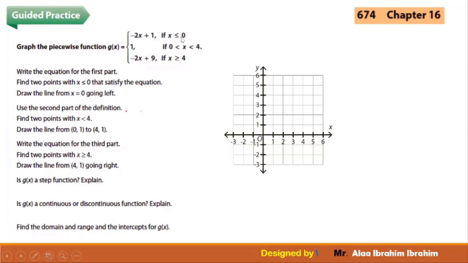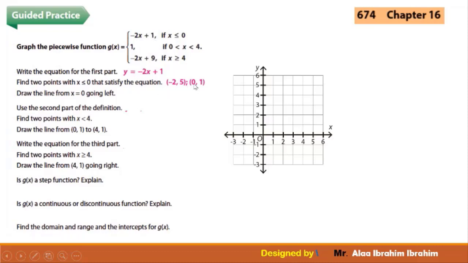So 0 here means something for you. You have to start with 0, and closed because of the equals. And you can take just one more. If I put 0 here, it will be 1, so 0, 1. If I put any number like 1 or negative 2, I'll bring the y. So here is your function: y equals negative 2x plus 1.